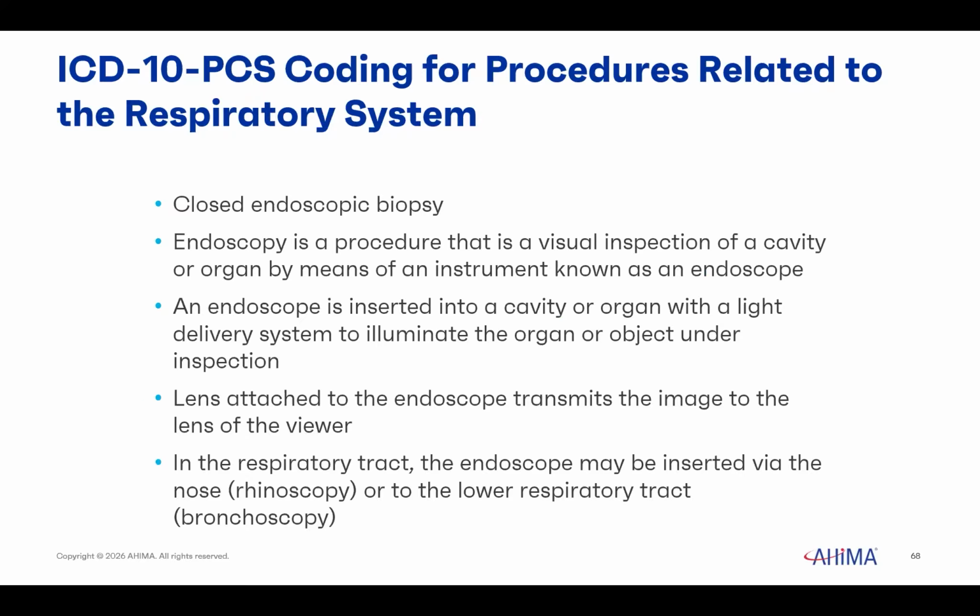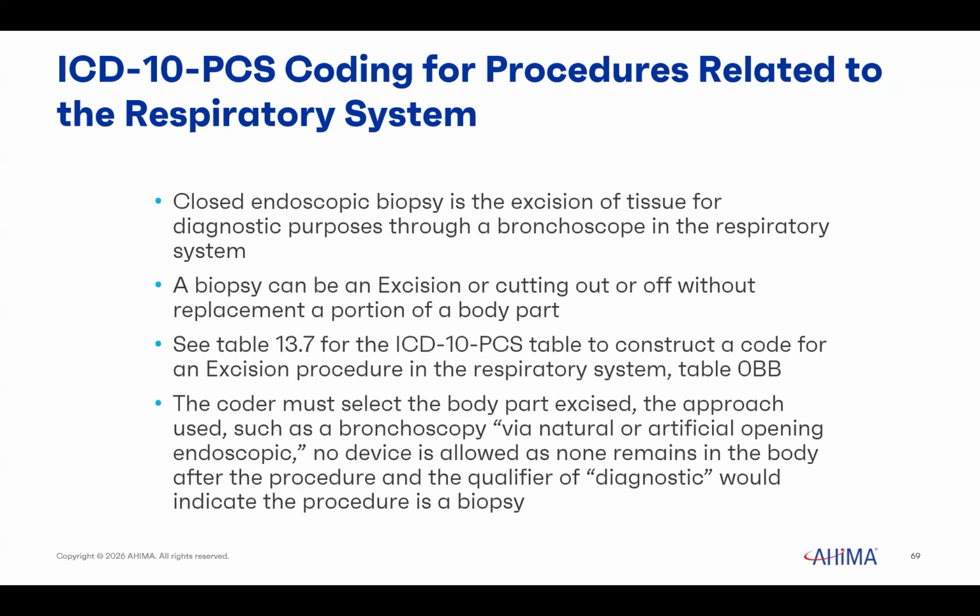Nothing was left behind, so there's no device, and the qualifier is diagnostic. So again, this slide will show you how to build the PCS code step by step. It's a great example. You may want to get your code book, pause the video, and practice this.